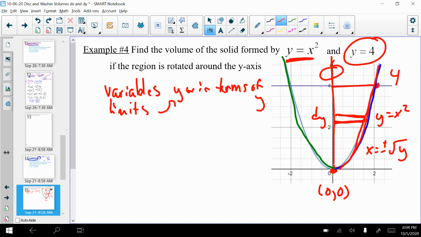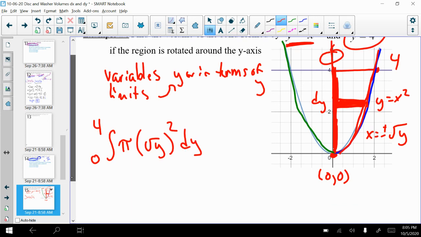So we have the integral from 0 to 4. Here's my axis of rotation, and my rectangle goes all the way down to the axis of rotation, so I don't have to worry about any subtracting off, right? So the height of this rectangle, we're going to make an area after we rotate it, so pi r squared, and the height is square root of y.